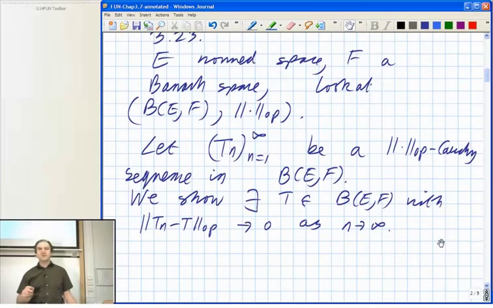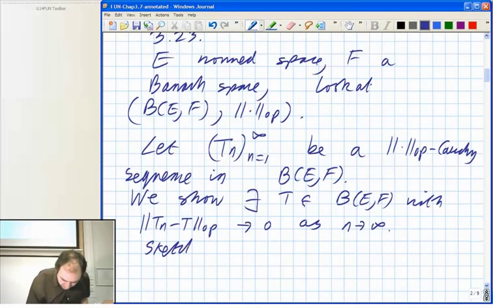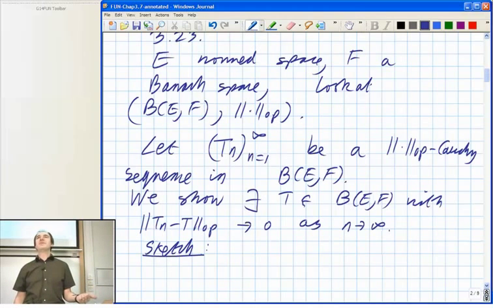Well, I'll just sketch it, but it's got a very, very familiar structure. First, you prove it converges pointwise.